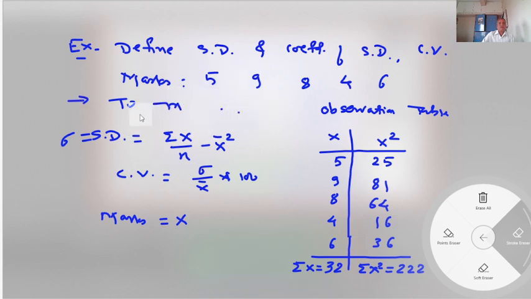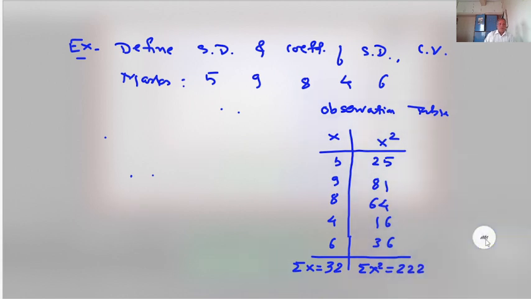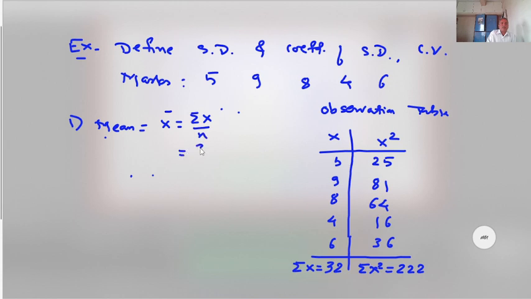Mean x bar is equal to summation x divided by n, which is 32 divided by 5, as there are 5 observations. So mean is equal to 6.4.